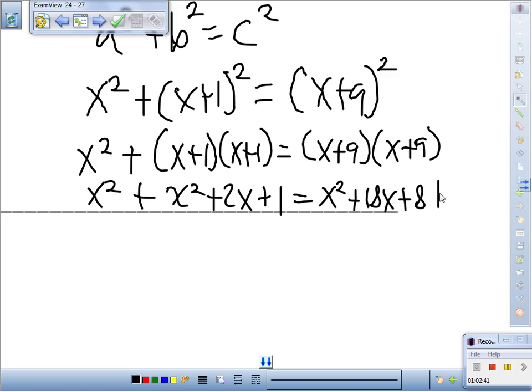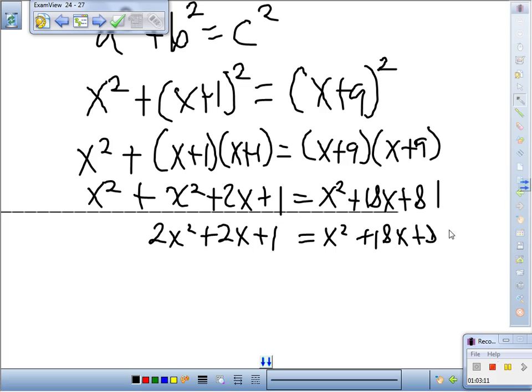Are we there so far? Okay, now we need to get all the expressions to one side so we can make it equal to 0 to solve, right? So I'm going to get all of these over to this side. Before that, I'm going to combine these. This is 2x squared plus 2x plus 1 equals x squared plus 18x plus 81. Some of you are falling behind.